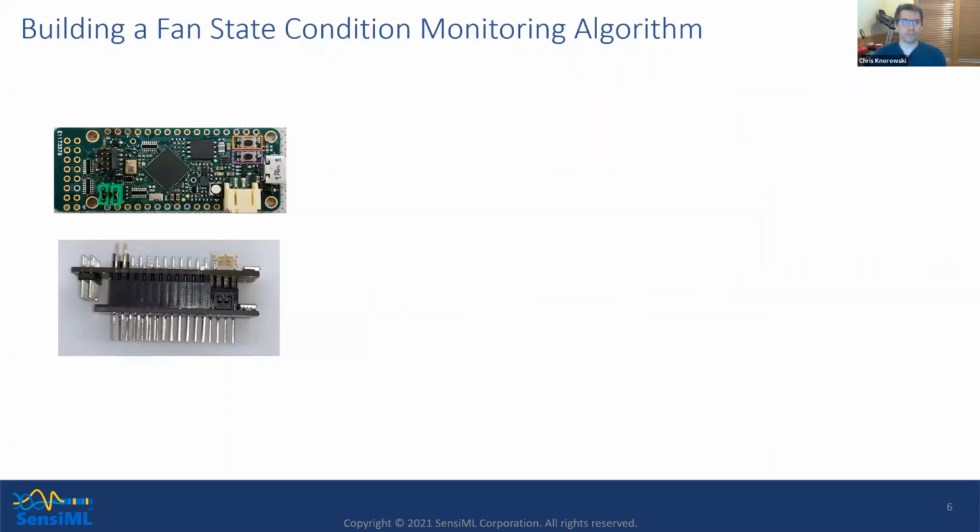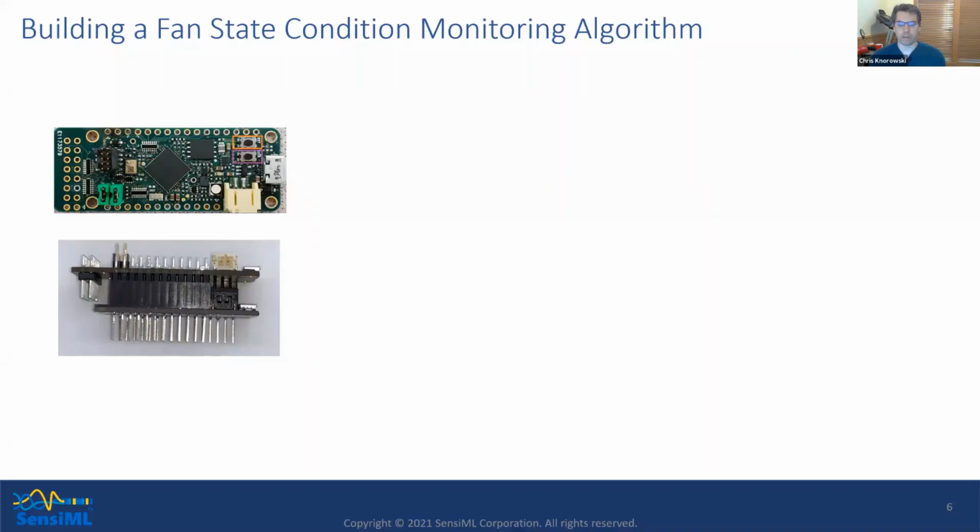So today for this demo, I thought the best thing to do would be to walk through an end-to-end example to give you an idea of what building a machine learning project is like and the different steps that you're going to go through. We're going to use a simple example, which is a fan state condition monitoring application.